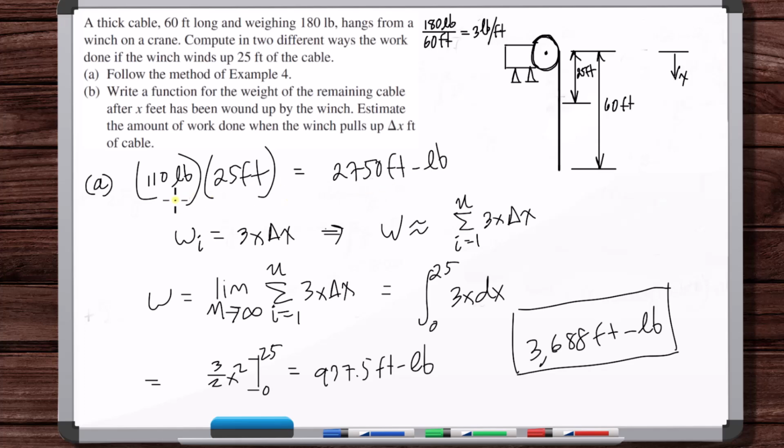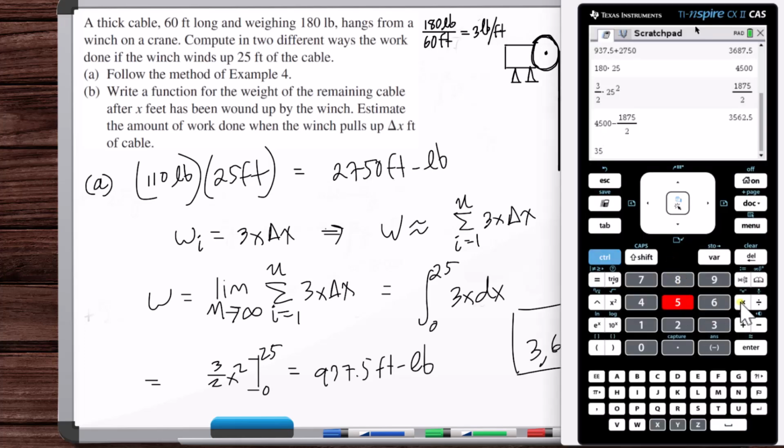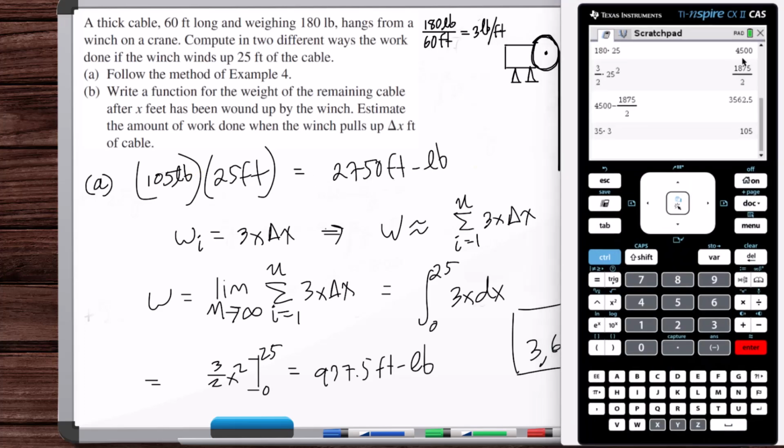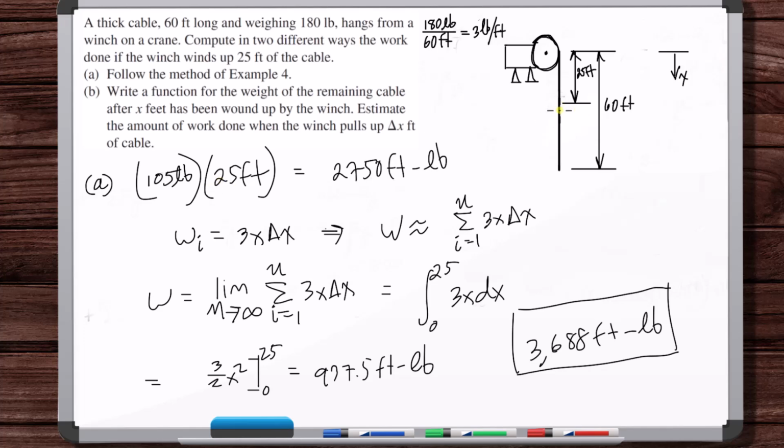Did this need to be integrated? Oh, wait. Okay. So 35 feet times 3 is 105. This is 105. Okay. So this is 105, and therefore, because we're lifting, this is 35 feet, lifting that up 25 feet.